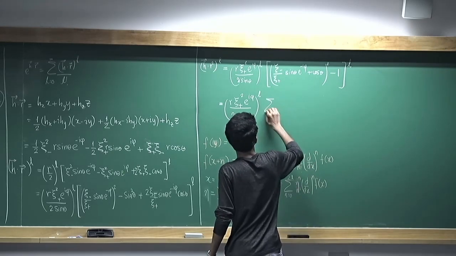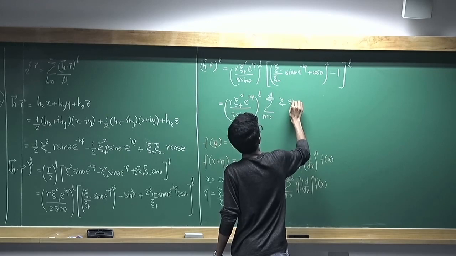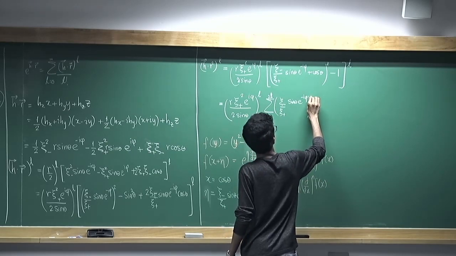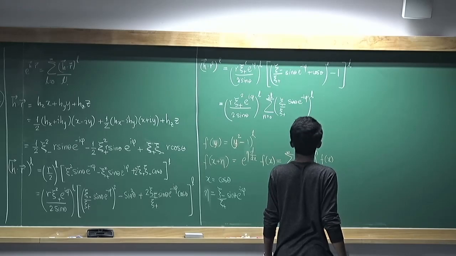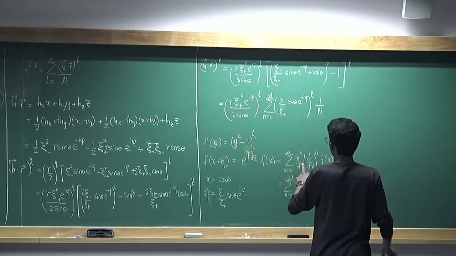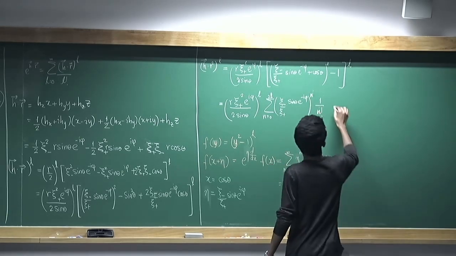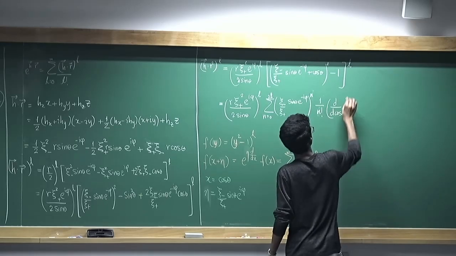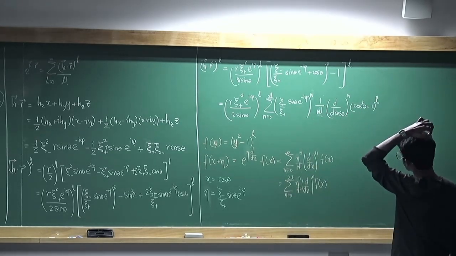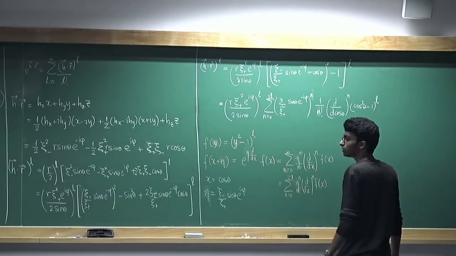We can write summation n equal to 0 to 2L, xi minus sine theta e to the minus i phi to the n, times 1 by L factorial, sorry, to the n, times d by d cos theta to the n times cos squared theta minus 1 to the n. Okay?